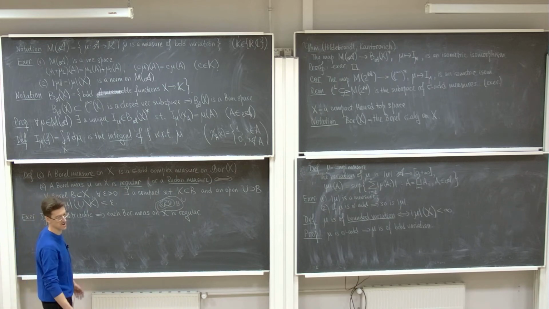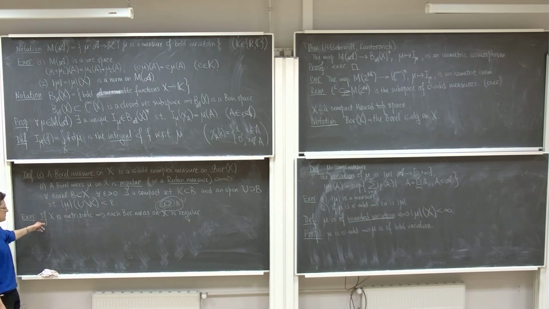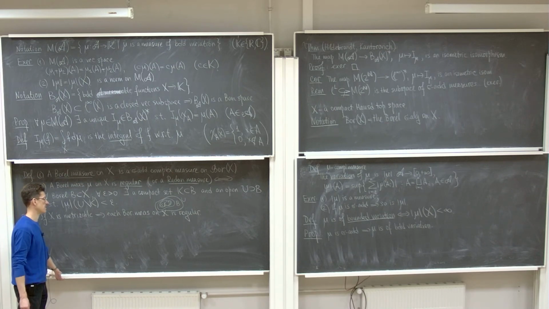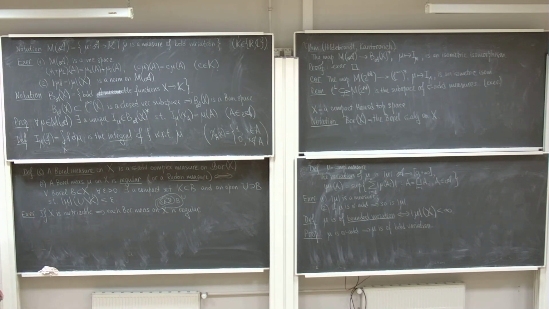Otherwise, it is just automatic. And by the way, the proof of this exercise is almost identical to the well-known fact that the Lebesgue measure on Rn is regular. The proof for an arbitrary metrizable compact space is essentially the same as the proof for Rn.